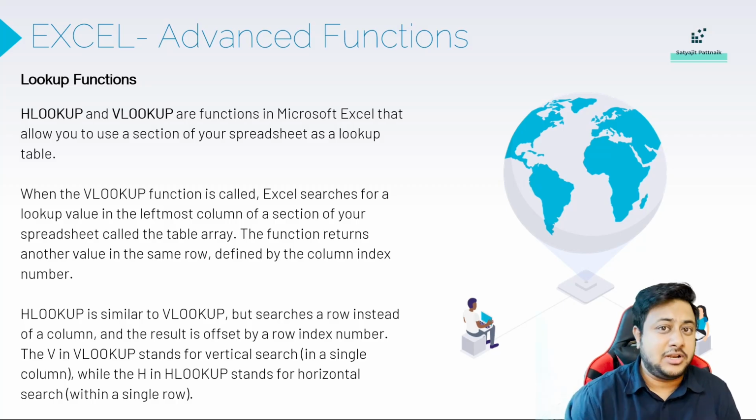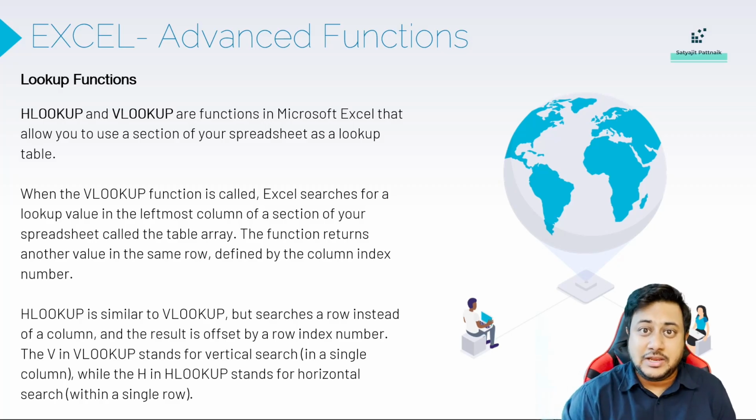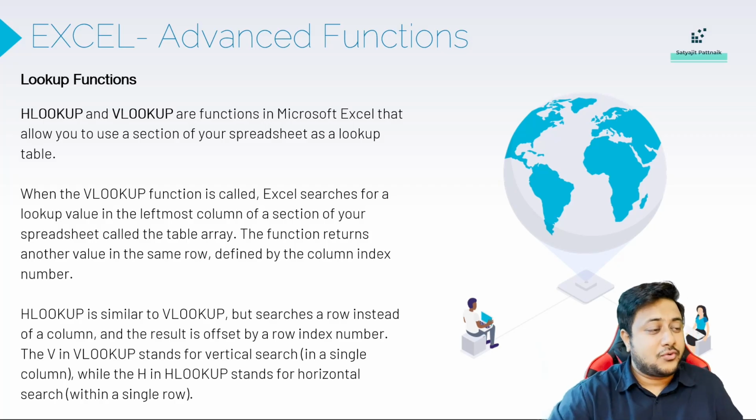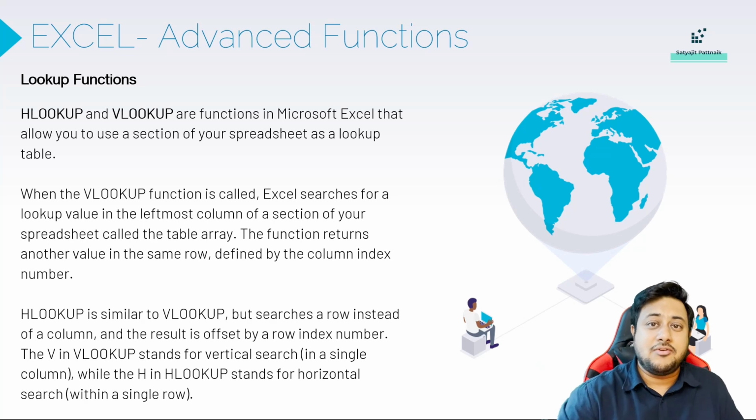HLOOKUP is very similar to VLOOKUP, but it searches a row instead of a column. And the result is offset by a row index number. The V in VLOOKUP stands for vertical search and H is basically horizontal search. So of course, we will take help of an example to understand more about VLOOKUP and HLOOKUP functions.